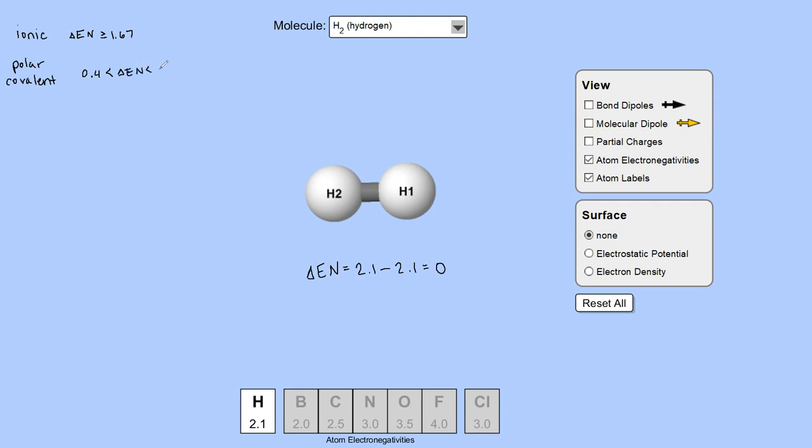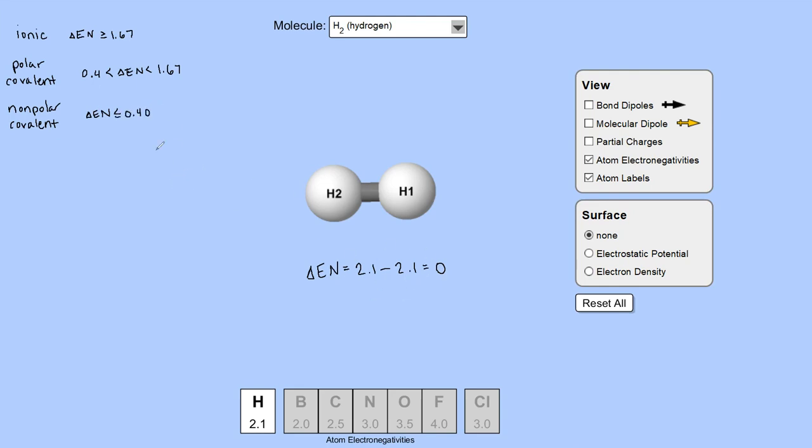That's what this means right here. And a nonpolar covalent bond will have an electronegativity difference of less than or equal to 0.40.